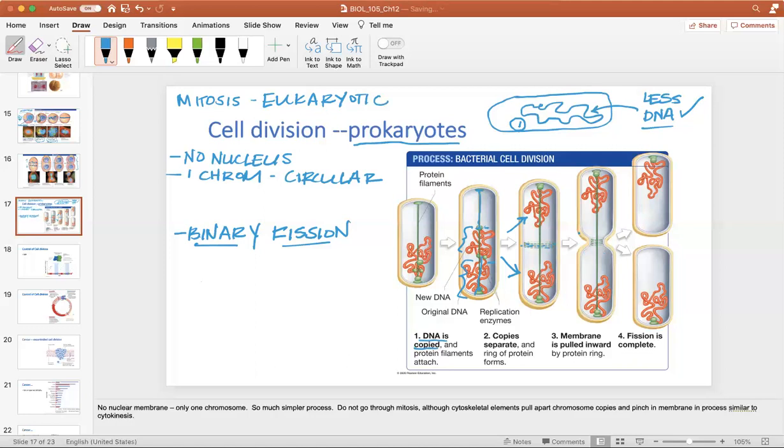The cytoskeletal ring starts to pinch inward. And so we now have a situation where we have one chromosome and a completely pinched off cell membrane. And we have the same chromosome here and a completely pinched off cell membrane. So much like mitosis, binary fission results in two exact copies of the cell.